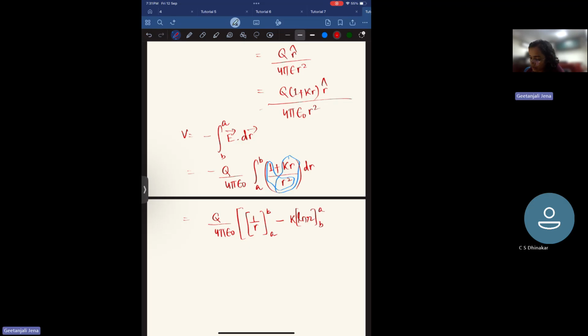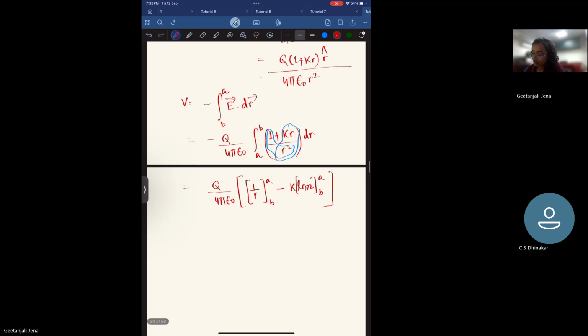There is a mistake here, so this is B to A. So the potential is Q by 4 pi epsilon naught (1 by A minus 1 by B plus k ln B by A).